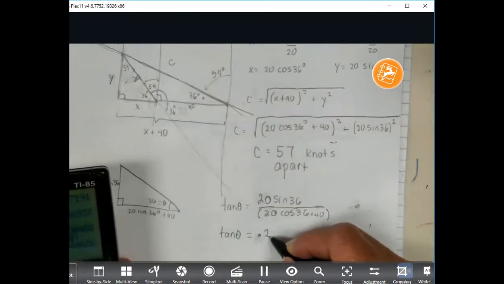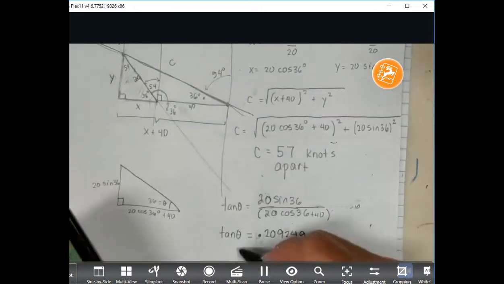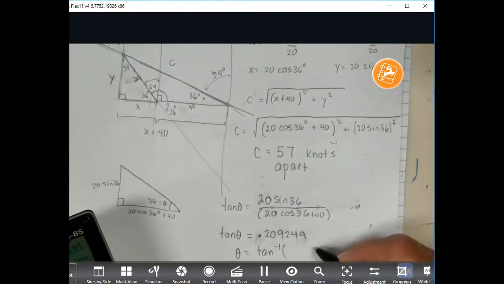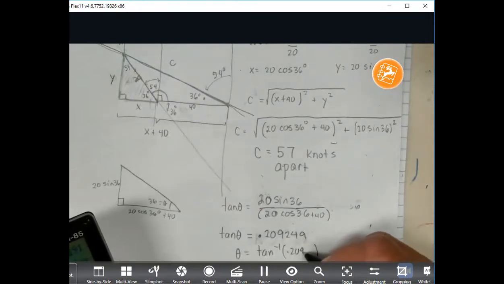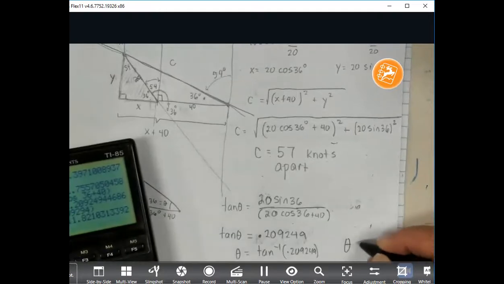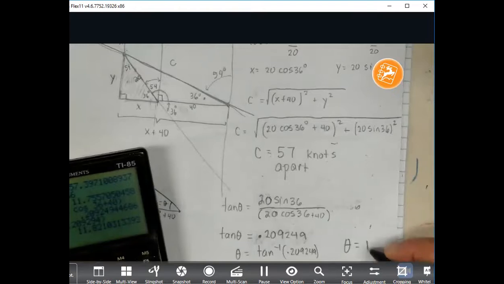So here's this number, and theta is the inverse tangent of that. So I want the inverse tangent of 0.209294, and I get that angle up there is 11.8. Let's go ahead and round that to 12.